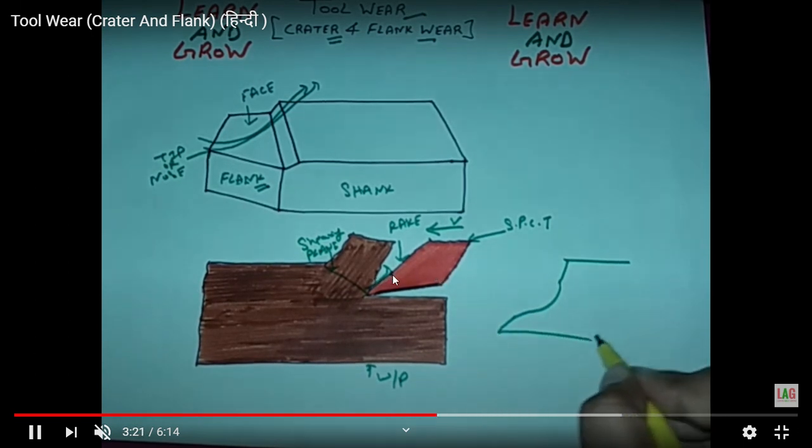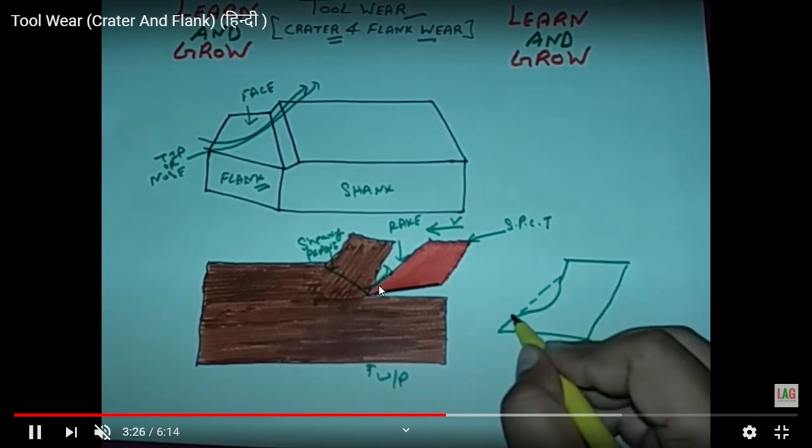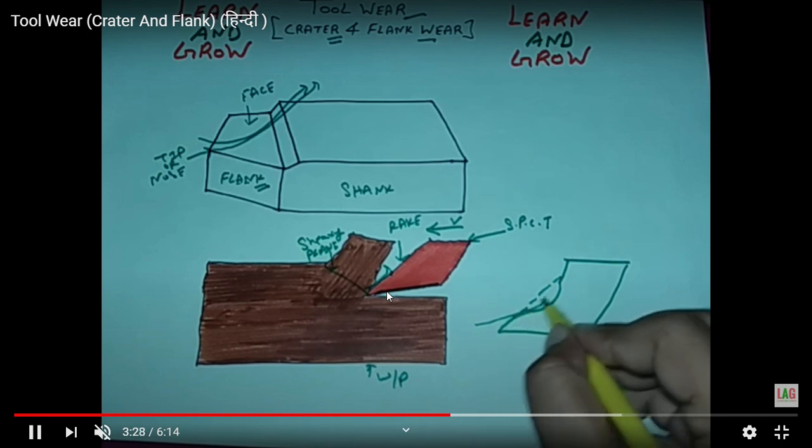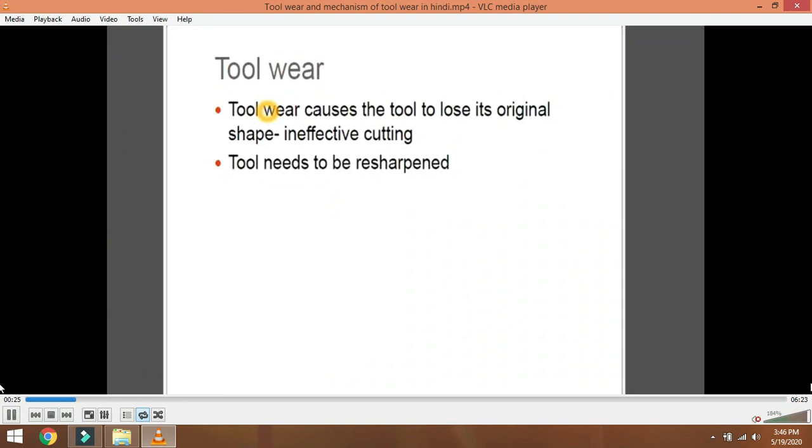When the failure occurs here in this way, it is called flank wear. Tool wear causes the tool to lose its original shape, resulting in ineffective cutting. What is the actual meaning of tool wear? It causes the tool to lose its original shape and cut ineffectively. The tool needs resharpening or we change the tool.